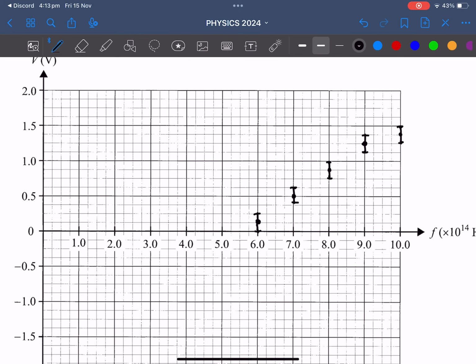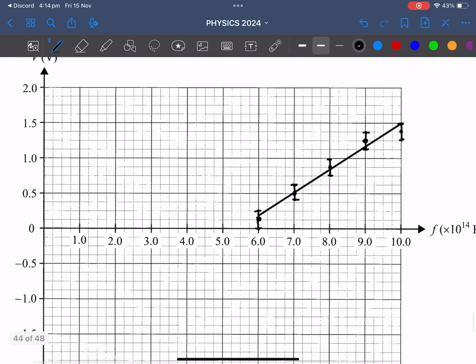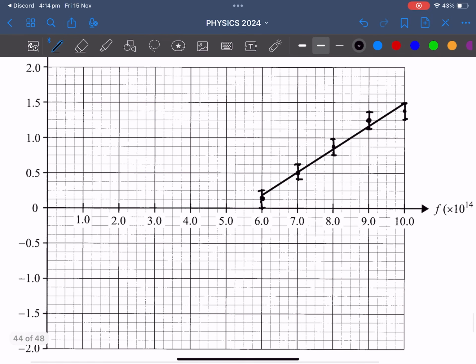Okay, so now we draw the line of best fit. Like that. I guess that would do, kind of. Yeah, okay. And of course we have to draw the other part as well.